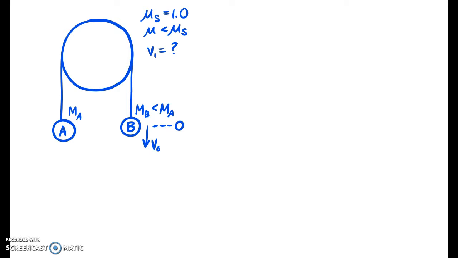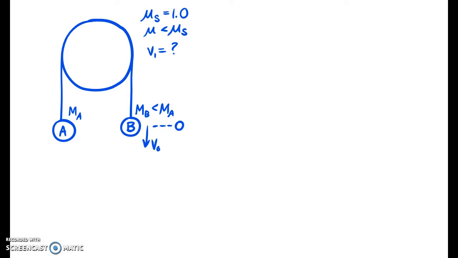The first part is when B is going downwards, and its acceleration, however, is going upwards. And the second part is while B's motion is moving upwards, and its acceleration, before it reaches point O, is also still moving upwards.